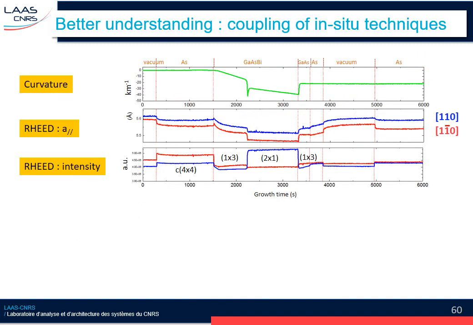Now we can compare what we obtain with the different tools because they are all acquired in the same time base, and you can see at this transition that there is a change in the surface lattice parameter, and the change in the surface reconstruction also occurs exactly at the same time.